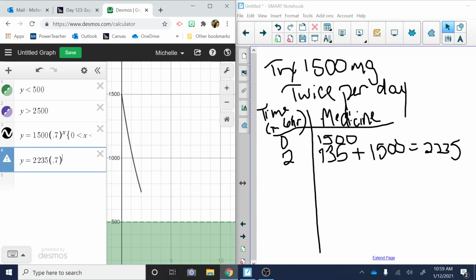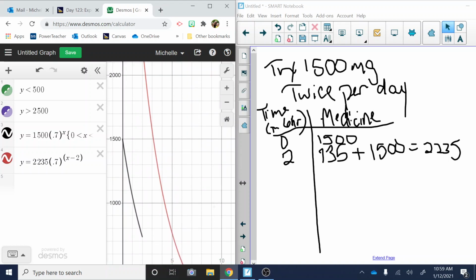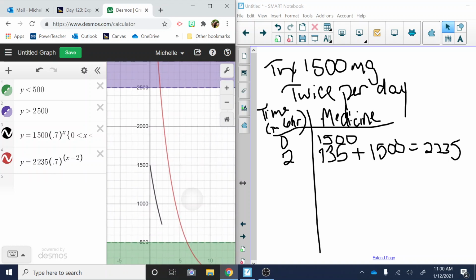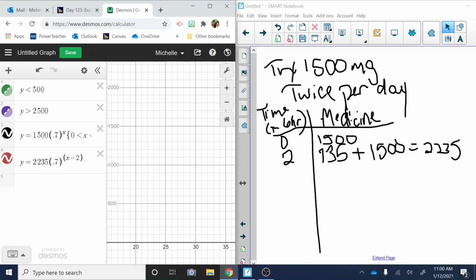The decay rate is still going to be the 0.7 to the x. Now, for this x, I want to shift this graph over 2 time chunks, because I am now 2 hours into my dosage. So if I look at this, that shifts the graph over.